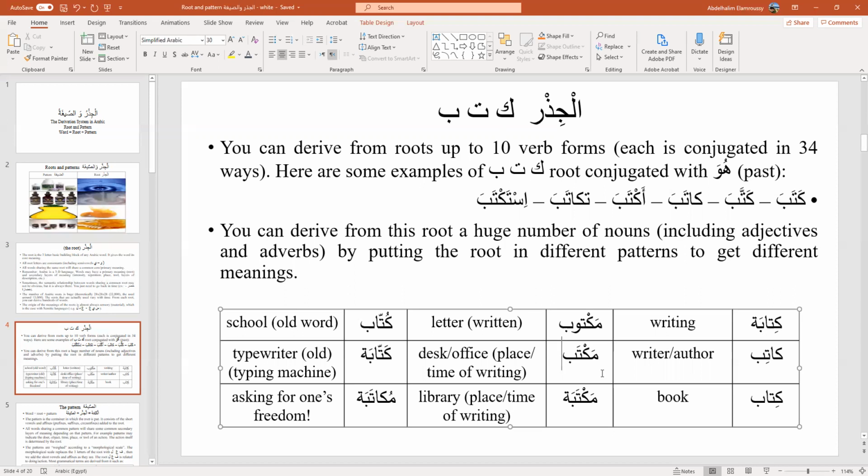So the reason for that is that the very first library that was built in the Arab world was built in Baghdad at the peak of the golden age of the Abbasid Empire at the time of Harun al-Rashid. It was called the House of Wisdom. When this library was built, it started at a peak.